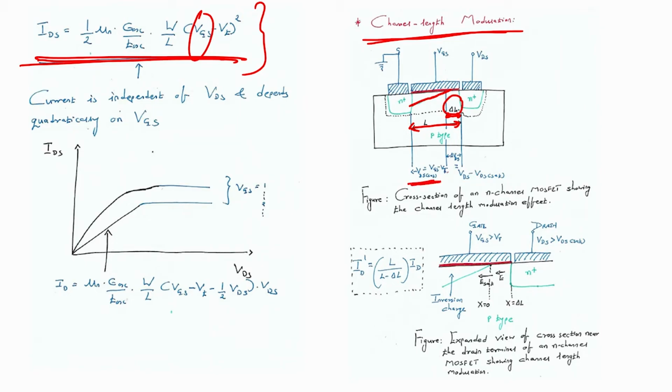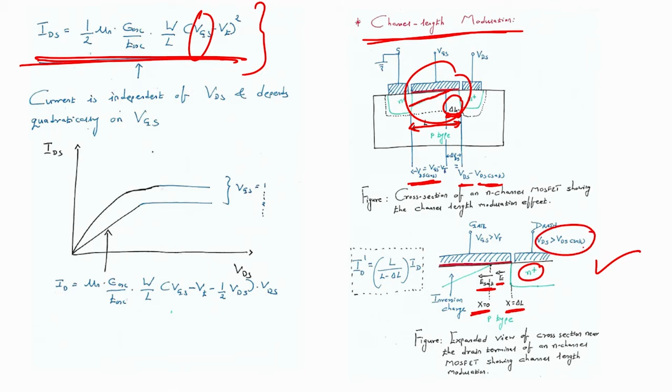Then what will I have? VDS saturation is VGS minus VT, but is equal to VDS minus VD saturation, correct. So, let us see here, if I just magnify this particular portion, what will I see? I see there is a saturation, electric field, x equals to 0, x equals to delta L, this is my drain.